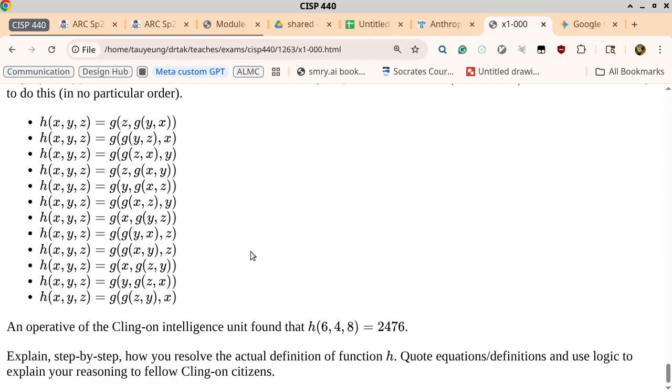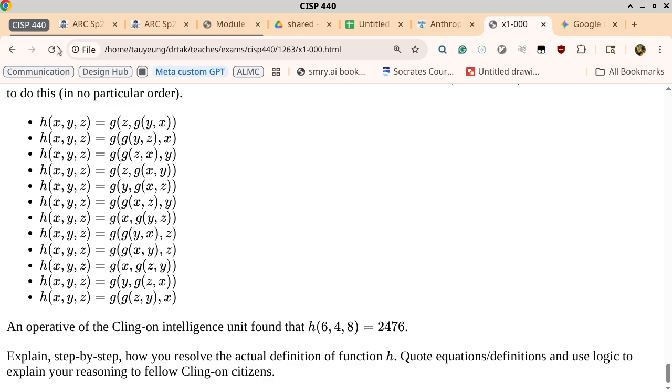So how do we do this? The first thing we notice is all three numbers are unique. I do not repeat a natural number twice in the example that I give you. So pretty much the only thing you can do is to apply G inverse. We'll apply G inverse to this specific number, which is 2476.